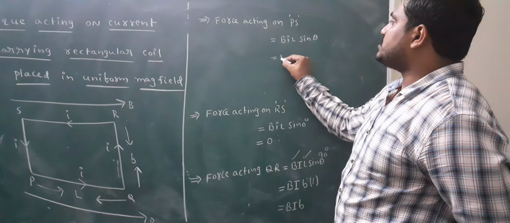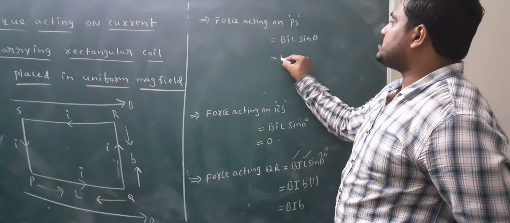Here the length is along the y-axis, the magnetic field is along the x-axis. Both are mutually perpendicular. Sin 90 value is 1. This is equation number 1. This is equation number 2.